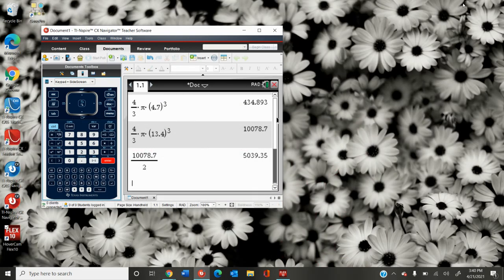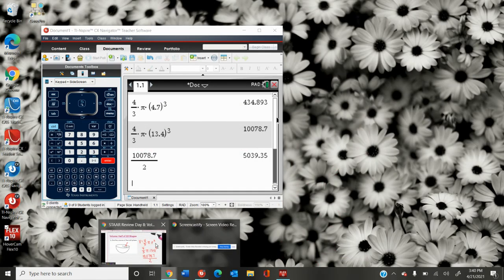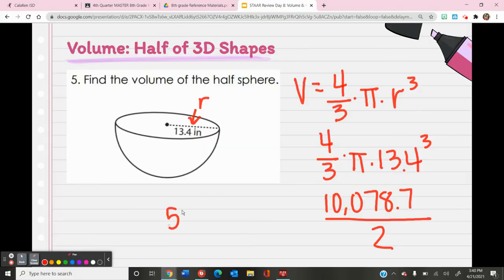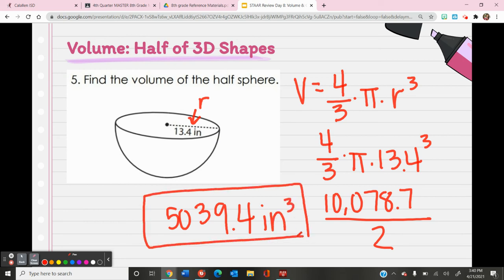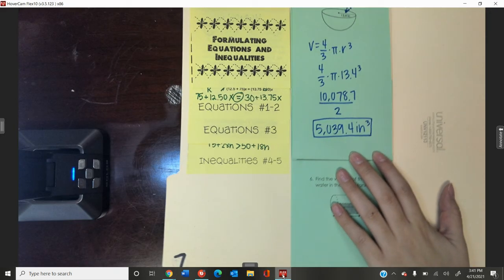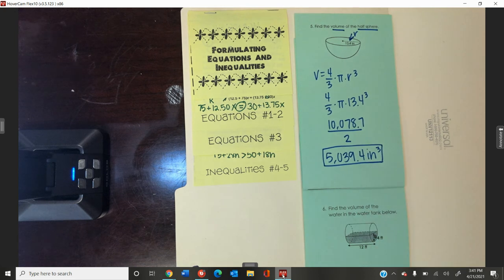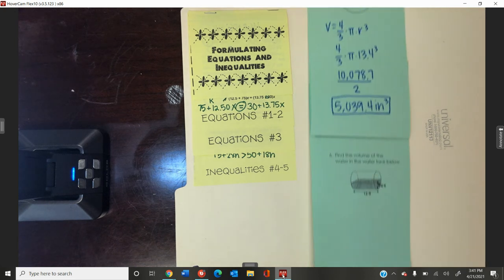So here, this is going to round to 5,039.4 inches cubed. So this is my answer. So going ahead and taking a look at our foldable now, this is everything you should have written down for number 5. Now lastly, we're taking a look at number 6.